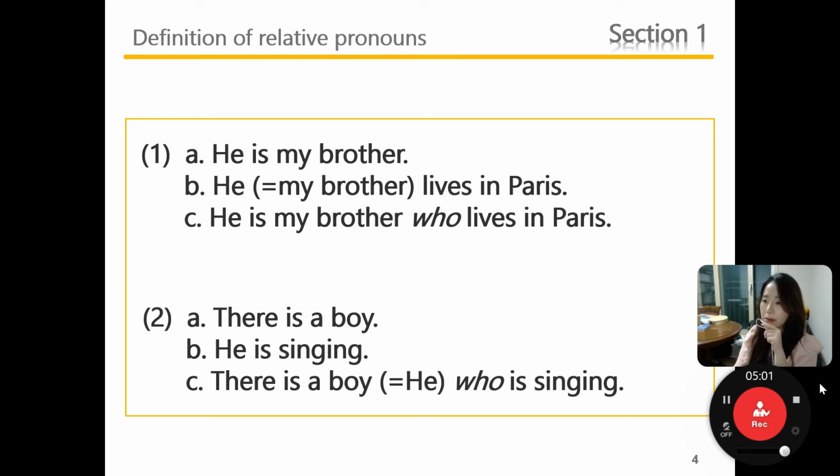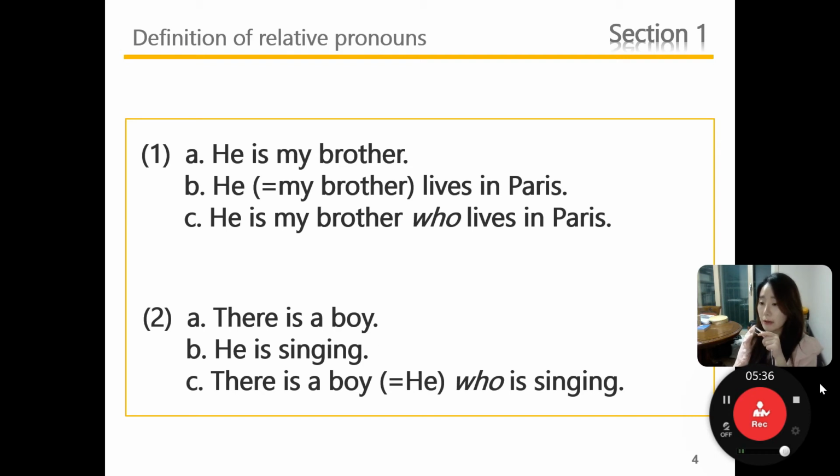My brother is identical because it refers to the same person, and the phrase who lives in Paris modifies the noun phrase that appears before it, my brother. Here, the relative pronoun introduces the subordinate clause, which is called the relative clause, and we call the noun that is modified by the subordinate clause introduced by who the antecedent.